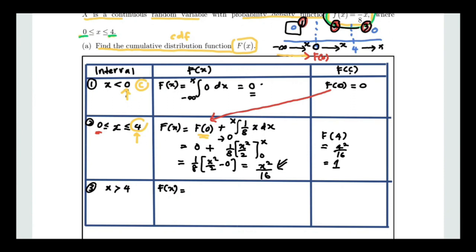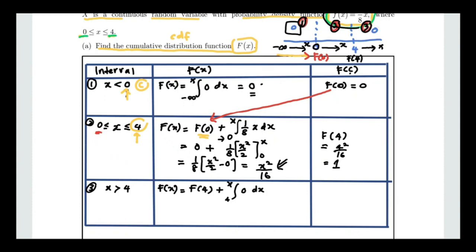But remember that before entering this third interval, you have accumulated from the starting. The accumulation from the starting until 4 is referring to f of 4. So we start with f(x) equals f of 4 plus the integral from 4 until x of the function 0.